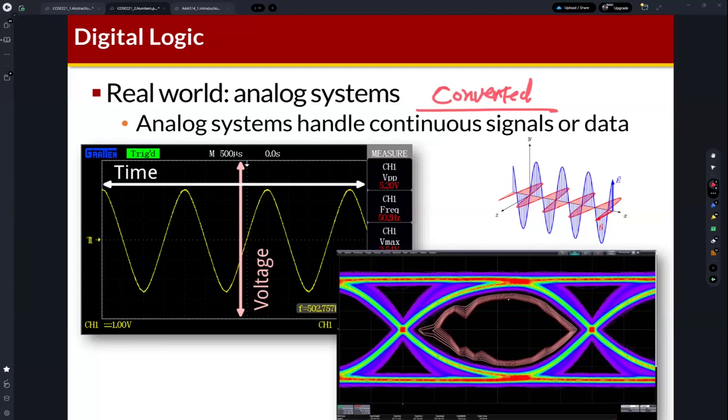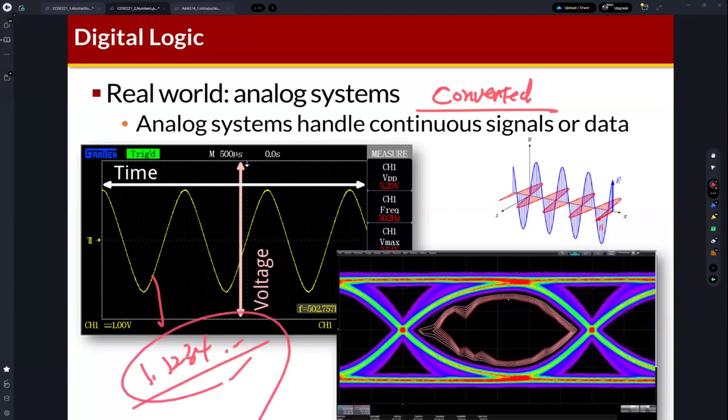It's because in the analog world we just use very continuous numbers or very continuous signals, for example, like 1.1234 and so on. But these signals or numbers need to be converted into binary numbers or digital signals.